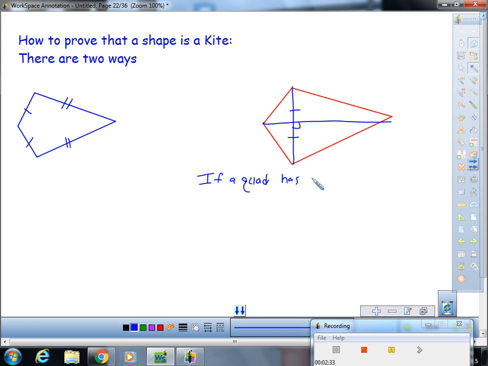has one diagonal, that's the second time I've done that, that is the perpendicular bisector of the other, then kite.